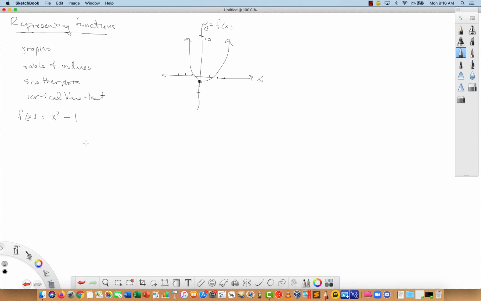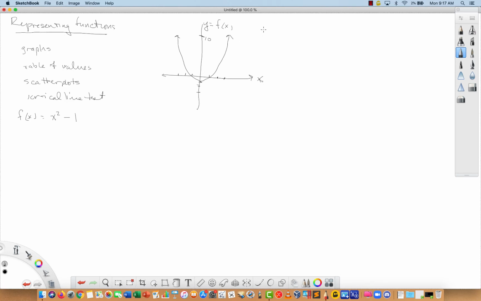By the way, this is a horrible representation of this graph. I can try to do a better job, but my artistic skills are somewhat challenged. I believe they are very generously referred to as developing. All right, so that's a graph of the function f of x.